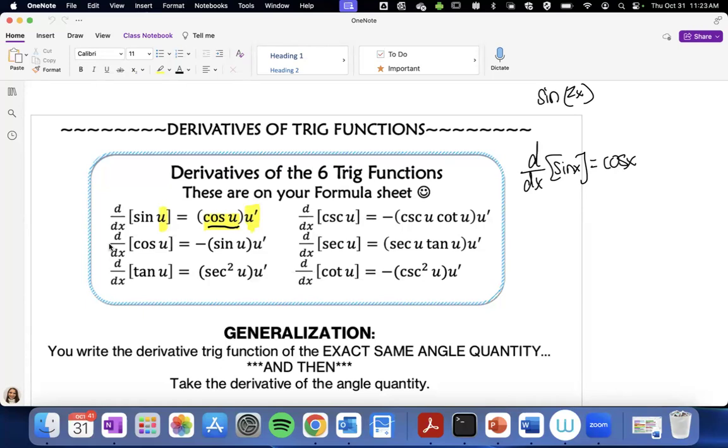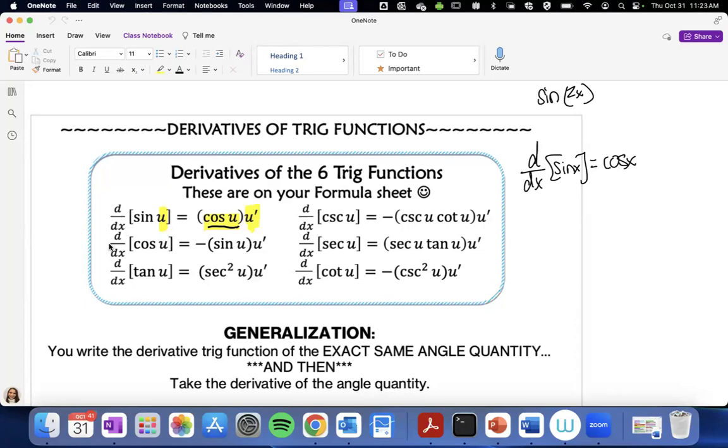For cosine, it's negative sine of u. The cosine u turns into a negative sine u, and then you multiply by the derivative of what's inside. That part is usually pretty easy. The tangent of u has a derivative of secant squared of u times u prime. Cosecant of u, and again, you don't have to memorize these.